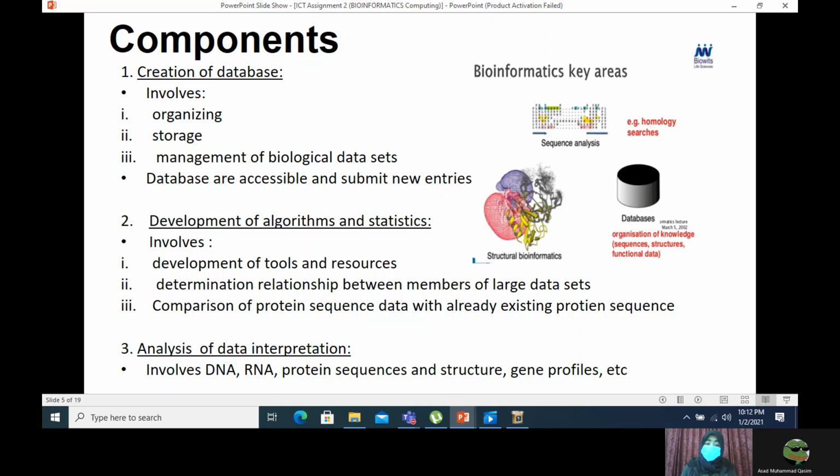The third one is analysis of data. We analyze the data, and after forming the relation, we conclude with the information that we need. For example, we end up with a protein sequence, a DNA sequence, or a structure.